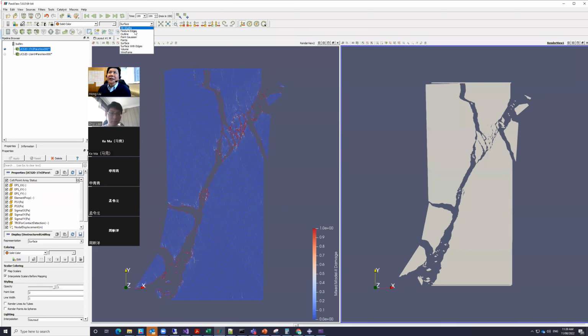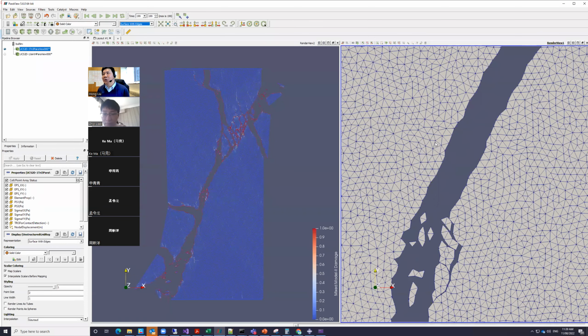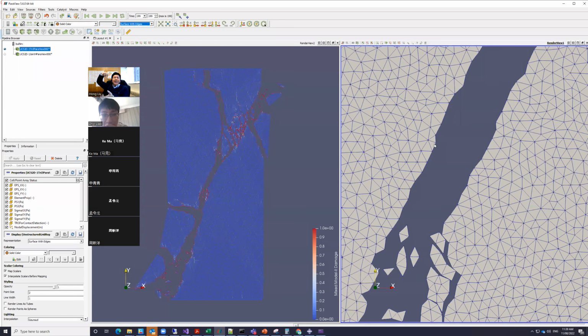You will see that we have an unstructured mesh. Although the loading is in the vertical direction, so it should be easy to represent splitting failure, we have to consider each local location.